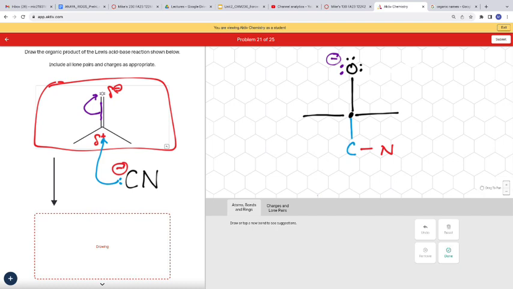I would argue the nitrogen's more important because nitrogen's more electronegative. We should be addressing the electrons on the nitrogen first. So cool, we could add our lone pairs to the nitrogen, so now it has its octet. The problem with that is the carbon's still missing its octet. How can we ensure that the nitrogen and the carbon still have access to those electrons? You need a triple bond. I need a triple bond.